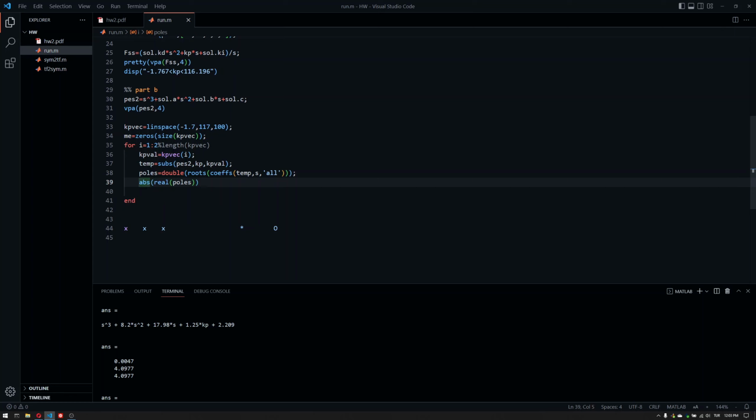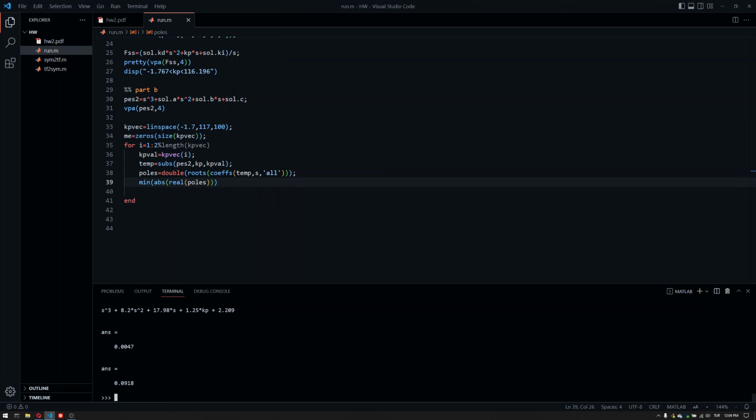So if I take min, and you will see in this example it makes sense because I'm interested in 0.0047 because it is in the dominant region and it is in fact on top of the origin itself. I'm not interested in 4 because it's further away, but I have still something in the dominant region which violates the fact that we are interested in dominant pole assignment here. So I'm looking for the minimum.